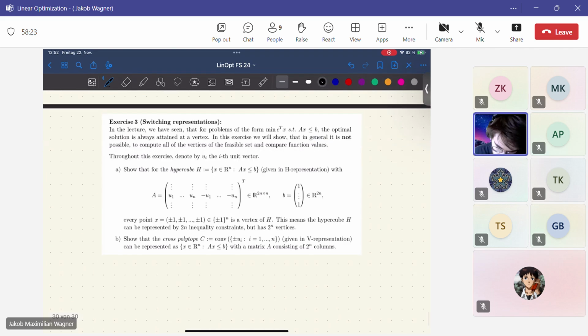And the first exercise, or the part A, deals with the hypercube. So in 2 dimensions, it's just the square. In 3 dimensions, it's just the cube, as you all know it. And then this generalizes on.